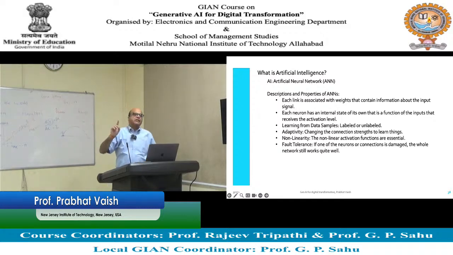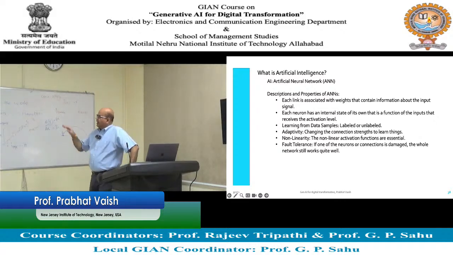Now, labeled samples is actually supervised learning. You know that, right? Because given the input, you know what the output is going to be. Adaptivity, in the sense that that's what the weights are coming in, because you're changing the connection strength to learn things. Learning is always to find out what the value of the weights are.